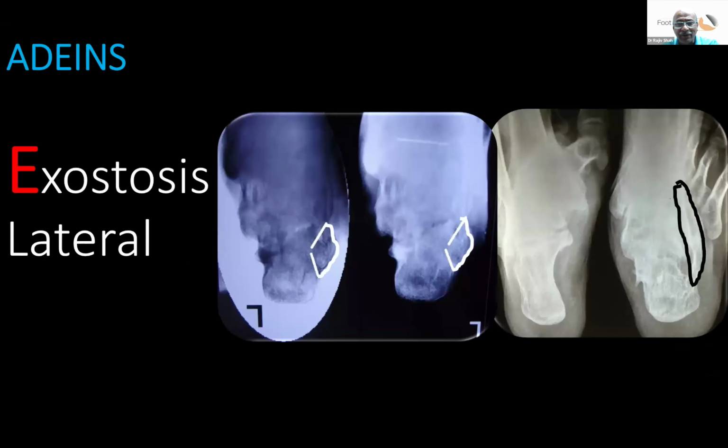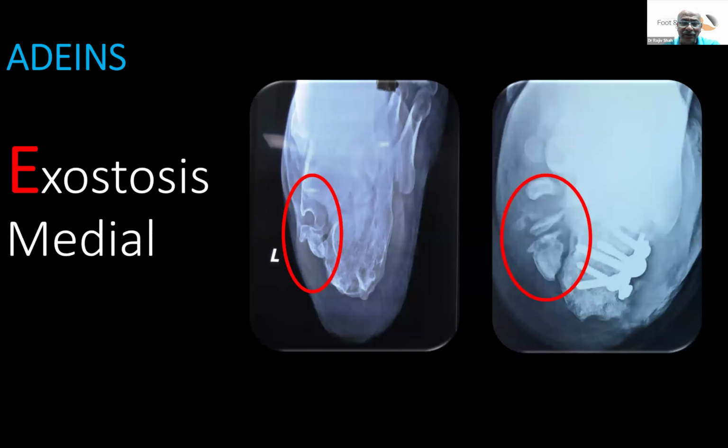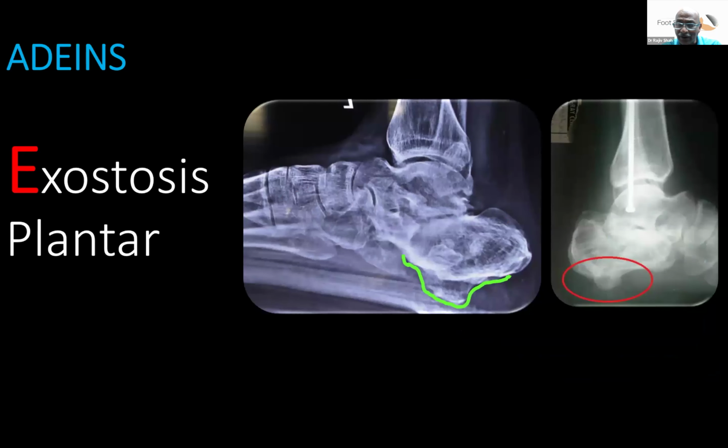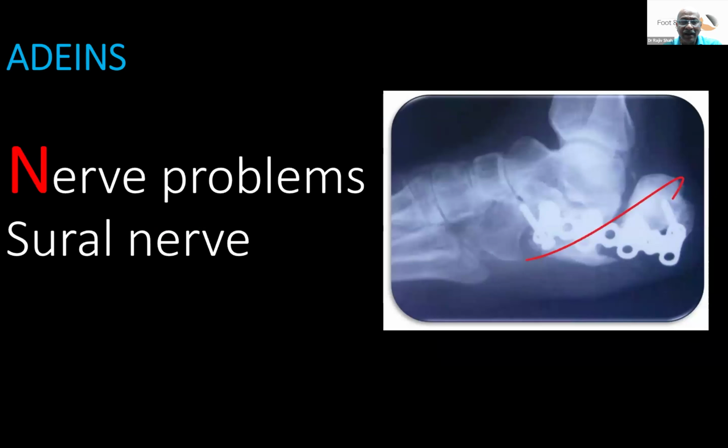E for exostosis, where you have very commonly lateral wall exostosis. You could also have a posterior exostosis. In a malunited case, you might have a medial exostosis and a plantar exostosis, or you could have a combination of all. I is for implant, and these are all implant-related complications giving rise to calcaneus malunion issues. N stands for nerve problems.